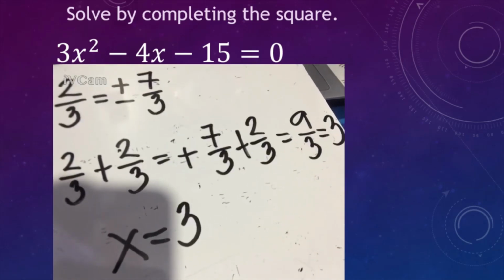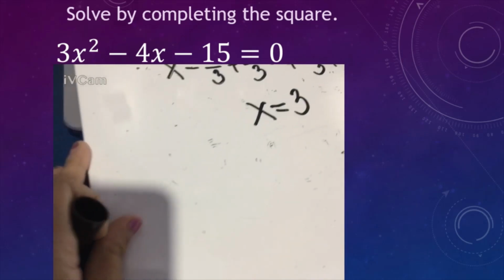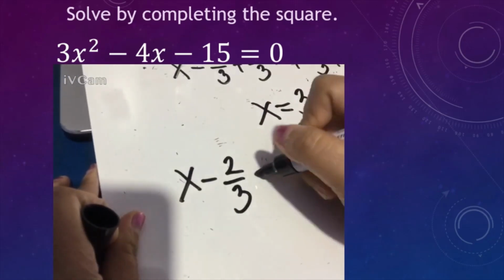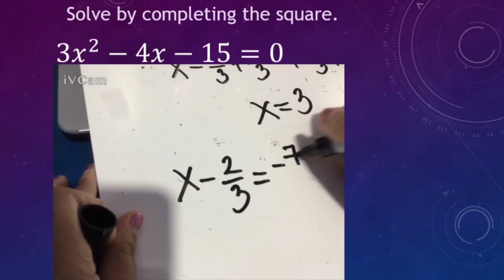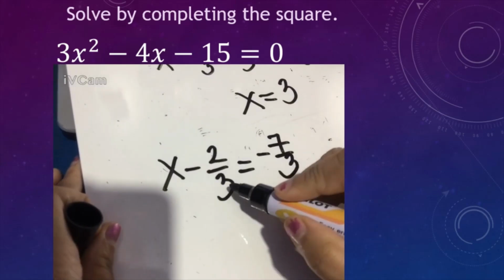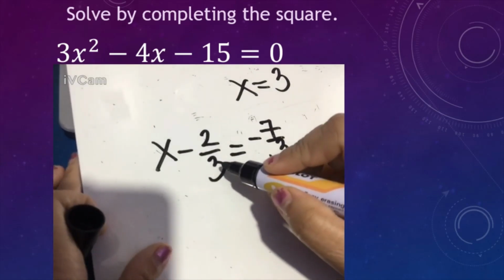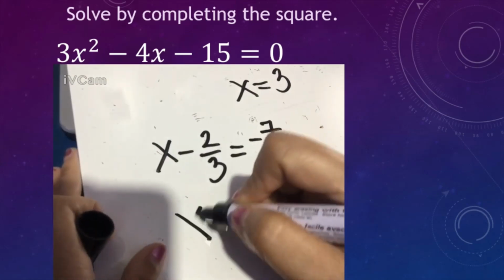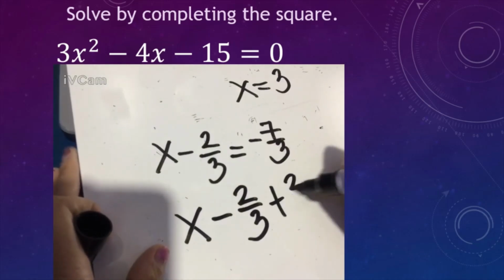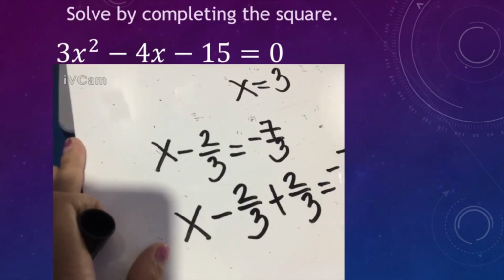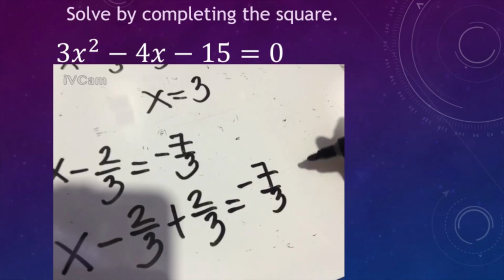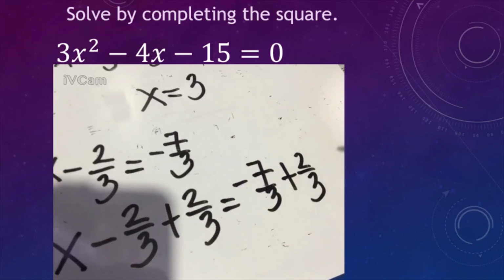Now what if our 7 over 3 is negative? So we will solve x minus 2 over 3 is equal to negative 7 over 3. Same process, we will get the opposite of negative 2 over 3, and we will add both sides of the equation. So x minus 2 over 3 plus 2 over 3 is equal to negative 7 over 3 plus 2 over 3.